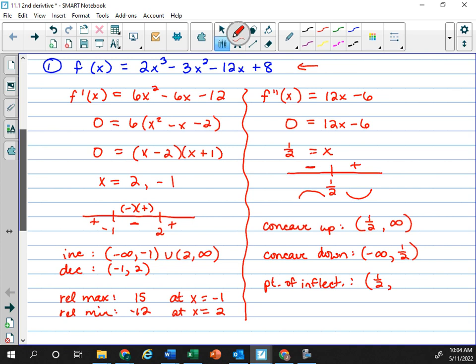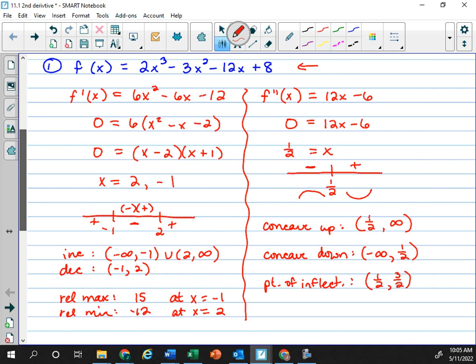Anybody think they have it? 3/2, yes, okay. Good. Fractions in your head, plugging it in, sometimes that doesn't go well. So don't be afraid to write it out.